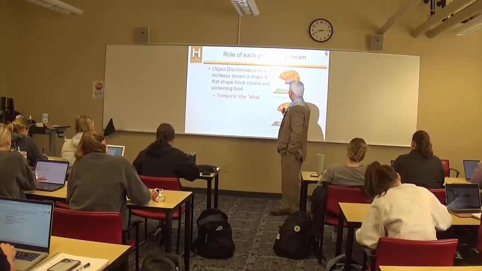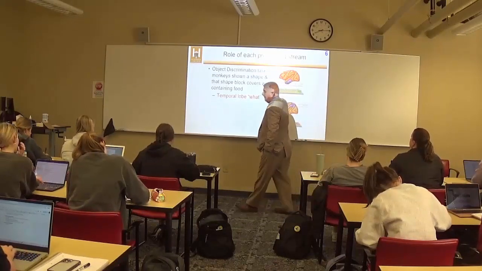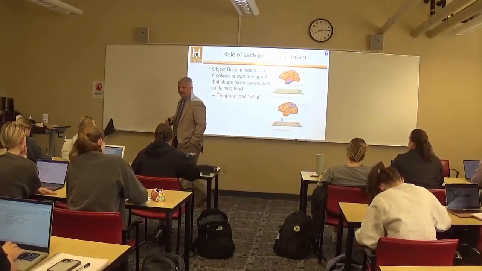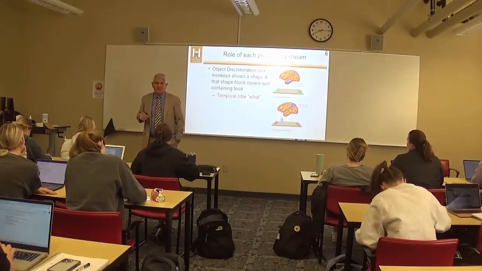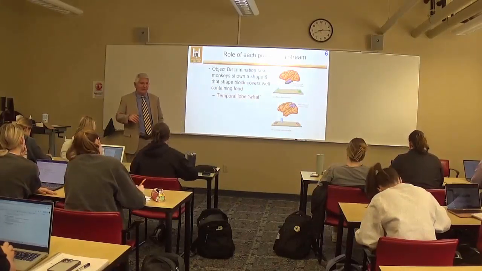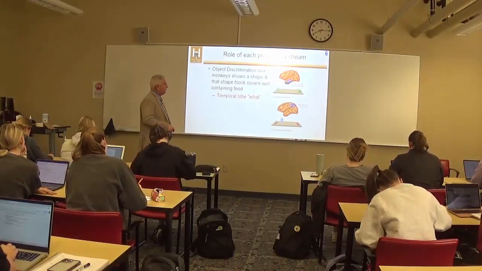But if you remove the temporal lobe, the monkey's not able to do this. It's like it can't tell which one is the square and which one is the triangle. It can't identify them.